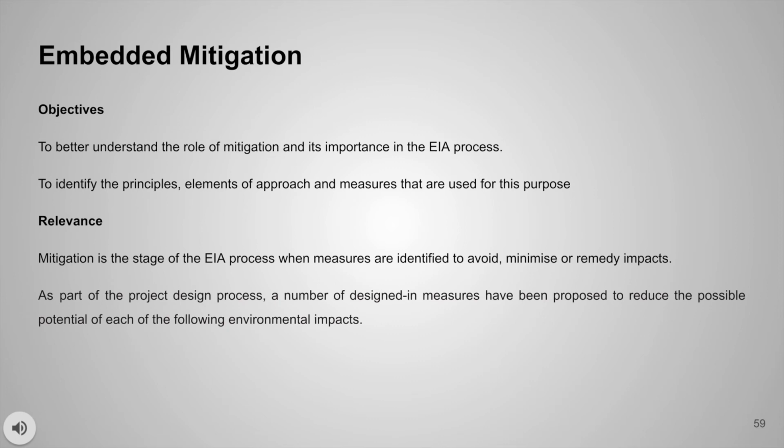It's important in an EIA process to first identify the harmful impacts throughout the project, and later on avoid them, completely remove them, or reduce them as much as possible. As part of the project design process, in this project, a number of design measures have been proposed to reduce the possibilities of potential impacts of each of these environmental impacts that we're going to talk about.